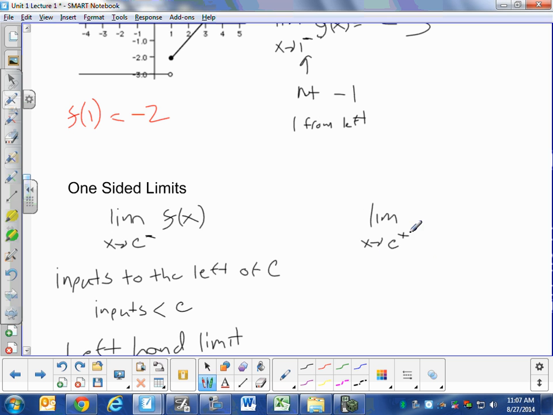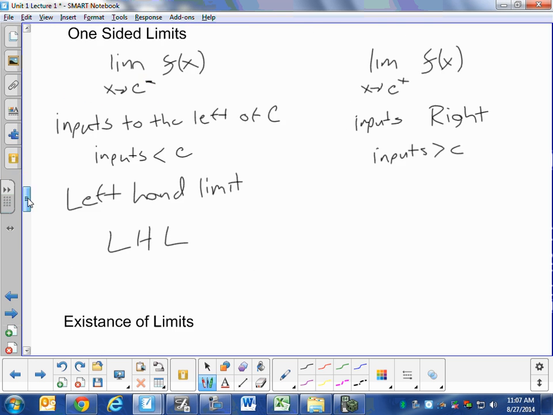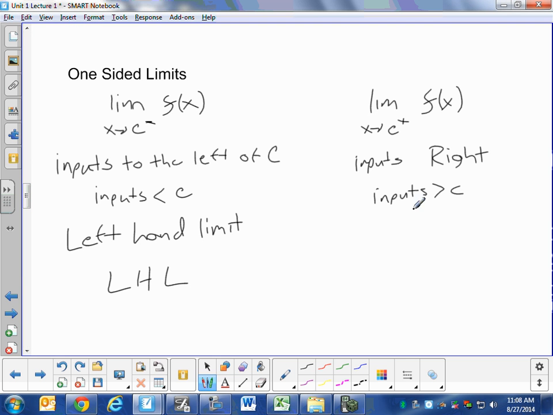C with a plus means the number from the right. Inputs to the right. The inputs will be a little bit bigger than the value you're looking at. And we call it the right-hand limit, or RHL for short.